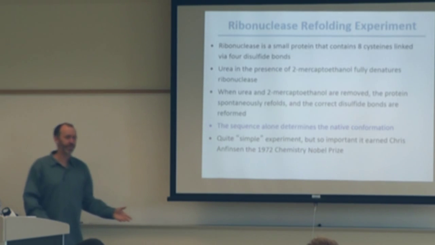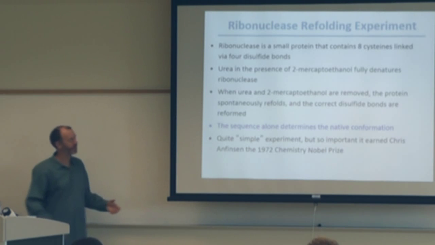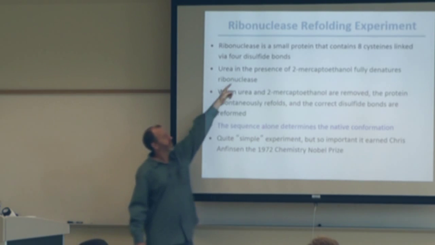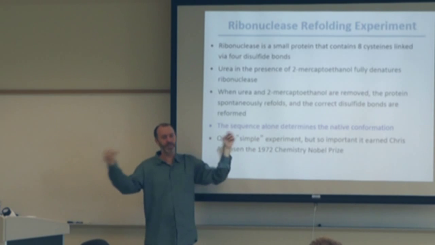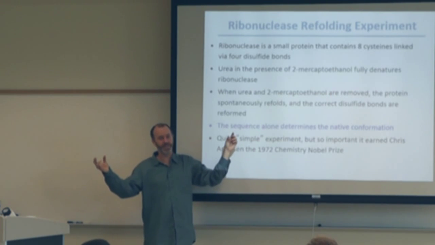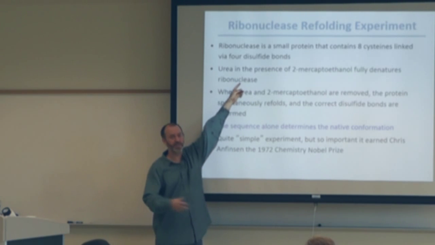Yeah. So that adds a sulfhydryl group. It allows for the reduction of the disulfide bonds, so it breaks those disulfide bonds and gives you the free thiols on the cysteines. Basically a way to take apart those disulfide bonds.